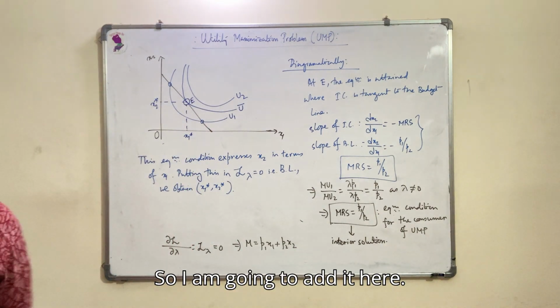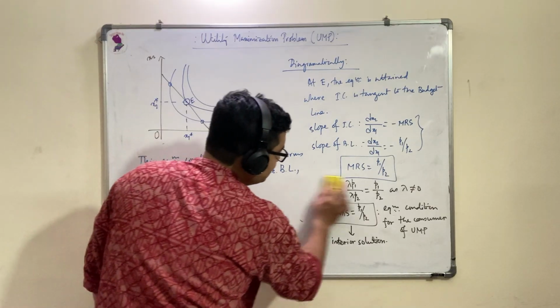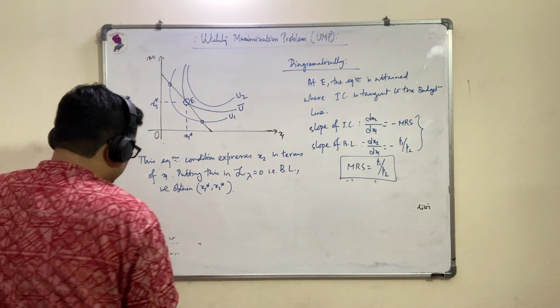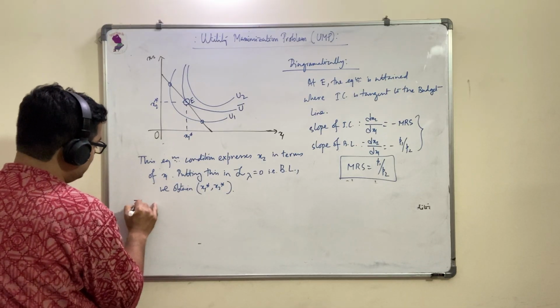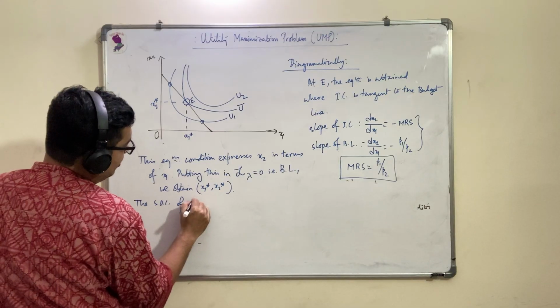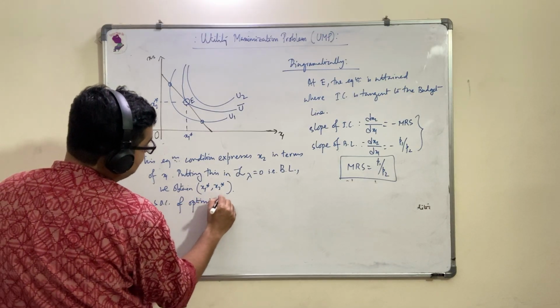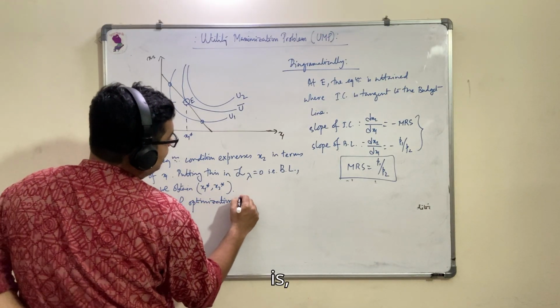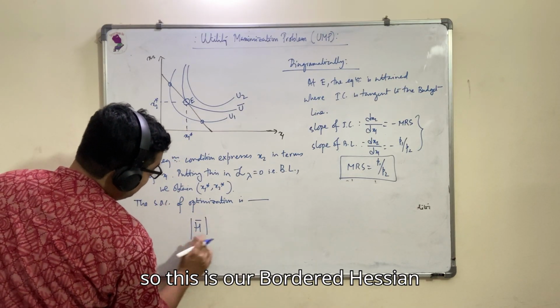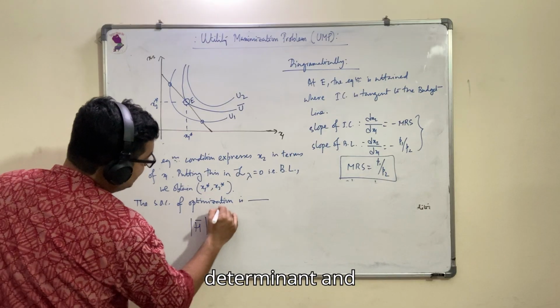Okay, so I'm going to add it here. So the SOC of optimization is, so this is our bordered Hessian determinant.